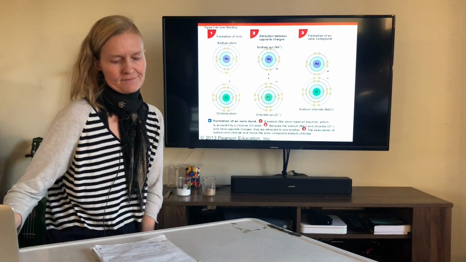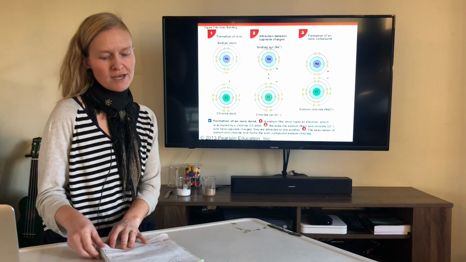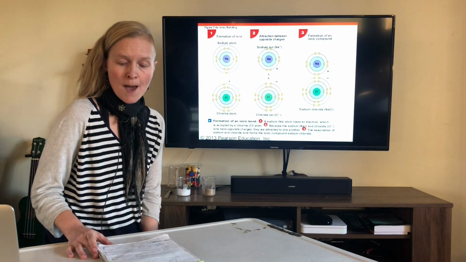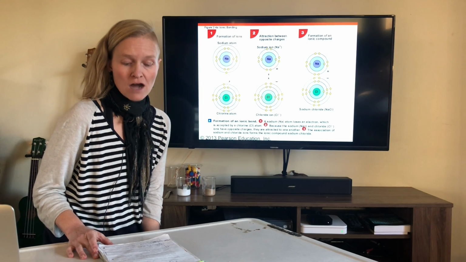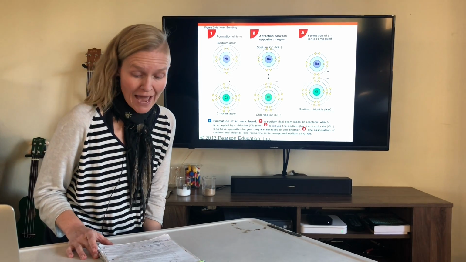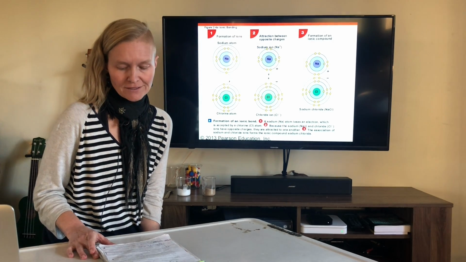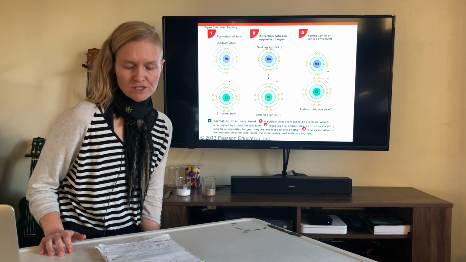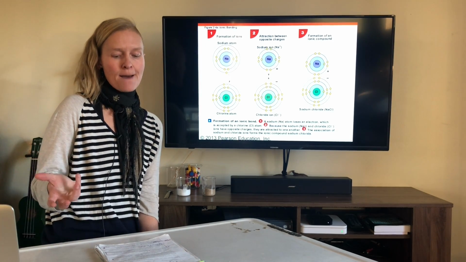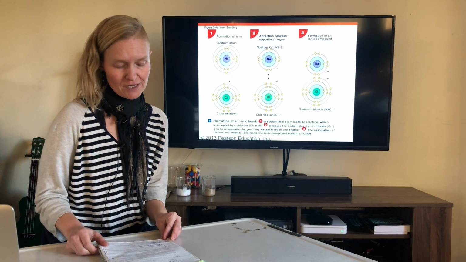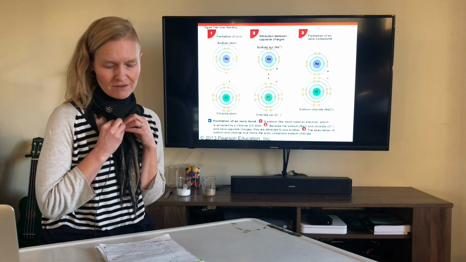Okay, we're going to talk about the next type of bond, and this is called the covalent bond. Most molecules are held together by covalent bonds. A covalent bond happens when two non-metal atoms share electrons. Ionic bonds involve transferring or giving away electrons, but in covalent bonds, they are actually going to share the electrons.